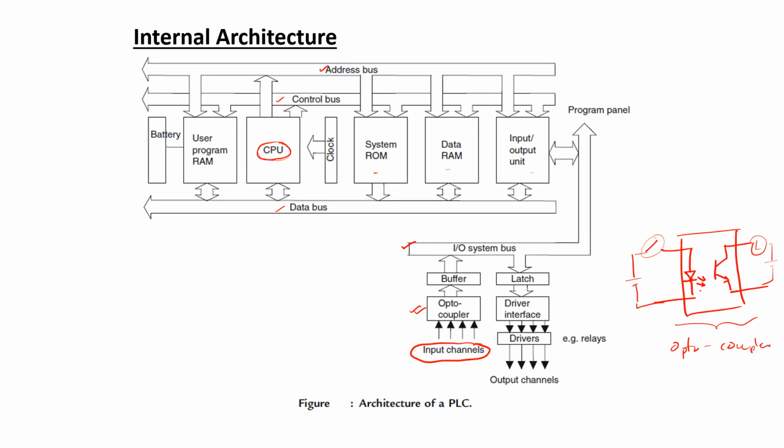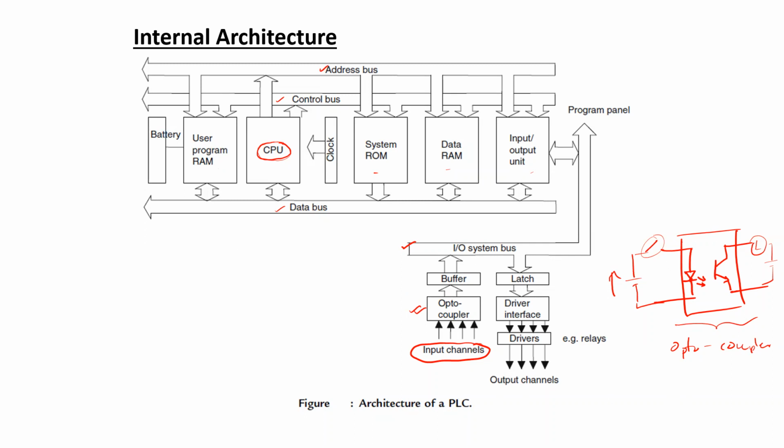The purpose of using the optocoupler is to ensure some isolation between a particular input device and the entire internal system of the PLC, so that if there are some high transients or fluctuations in the input device, they can be separated from the rest of the PLC.